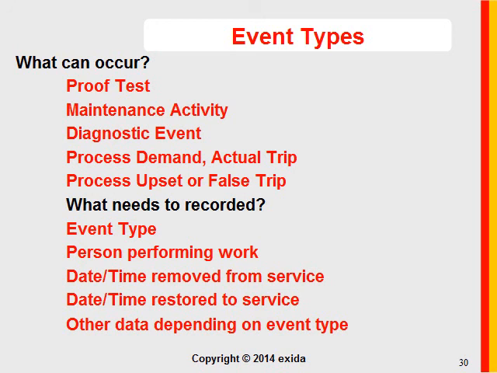Then process demands, actual trips. Something is going wrong in the process, and you want the safety function to go to the safe state. That's something that you want to record. But you also want to record that basically from the beginning. So if the original hazard is identified by, let's say, high pressure, and you have a control function that reacts to that high pressure as an interlock, you want to record that.